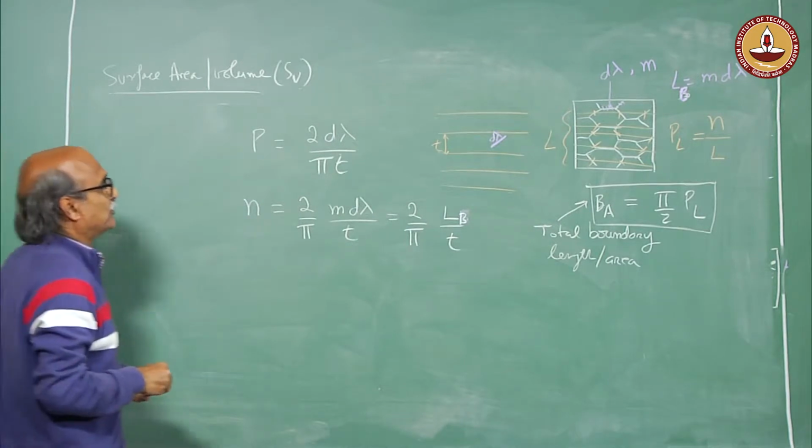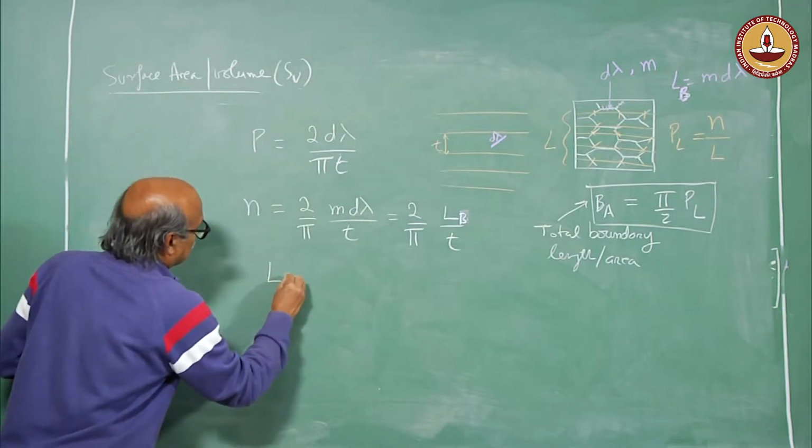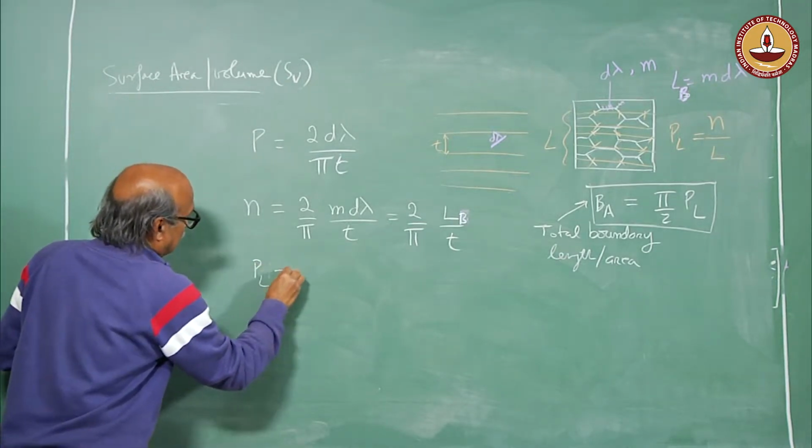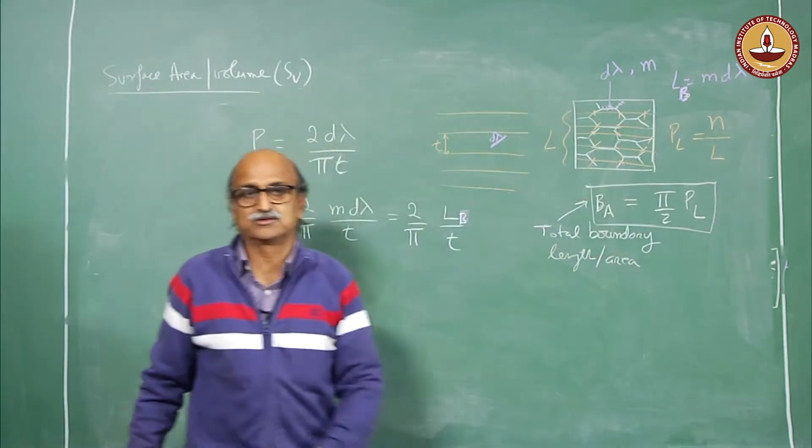Now, what is the total length? P sub L is simply small n upon the total length of these horizontal lines, the line grid.